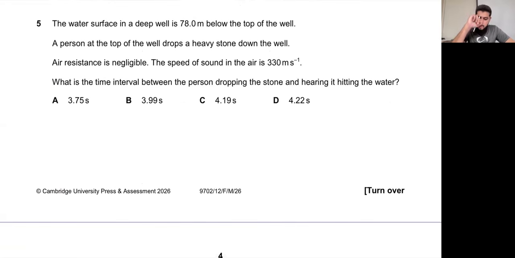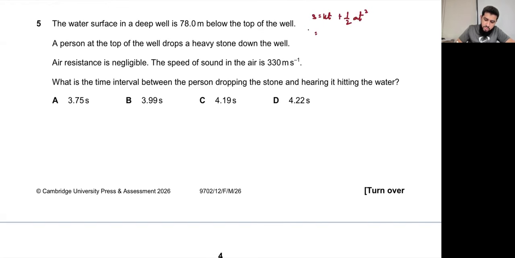The water surface in a deep well is 78 meters below the top of the well. A person at the top of the well drops a heavy stone down the well. Air resistance is negligible. The speed of sound in air is 330. What is the time interval between the person dropping the stone and hearing it hit the water? This question has been asked earlier, and if you've done this, you know where students get stuck. What is the time taken for the stone to fall down? We'll go with s equals ut plus half at squared.